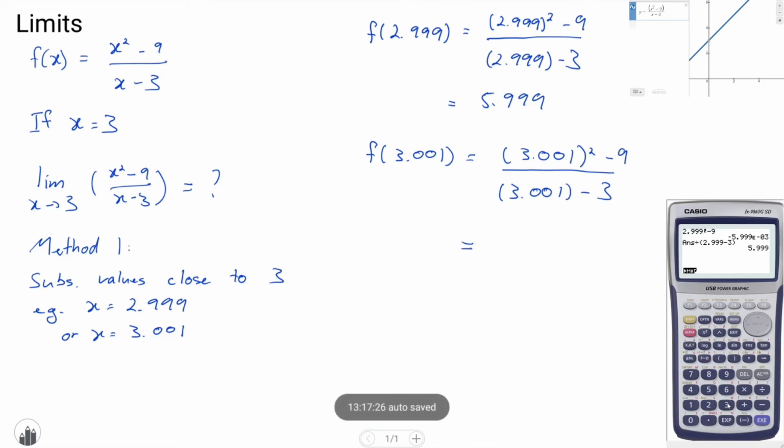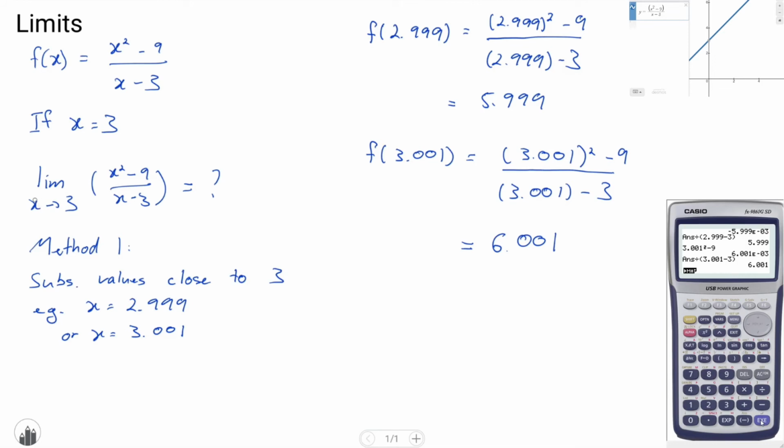So let's type those numbers into our calculator. 3.001 squared minus 9, that gives me a number, divided by 3.001 minus 3. And from there you can see that gives me the number 6.001.